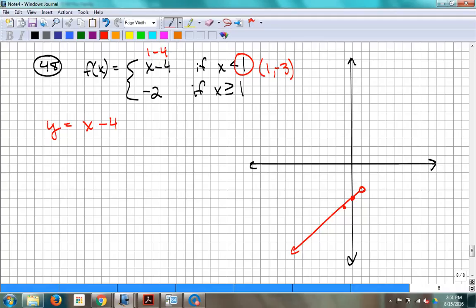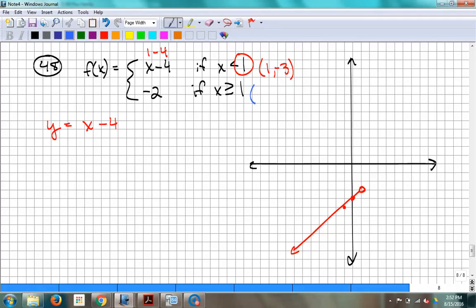Okay? And then I need the important point for the second part. So I've graphed the first part. I used the important point at 1, -3, and then I used that slope, but down 1, left 1, down 1, left 1, or I plugged in 0 for x and -1 for x and worked them out and got points. Follows that line.